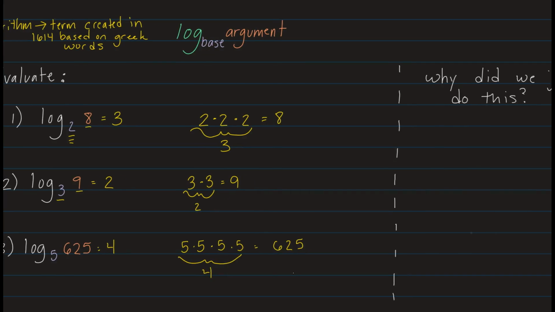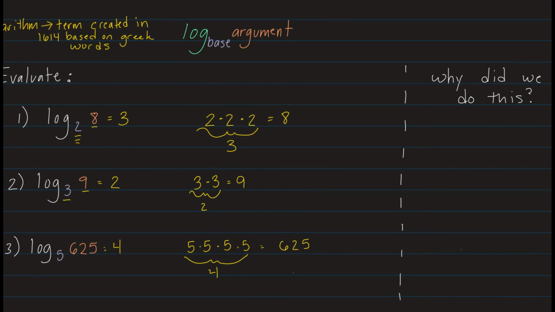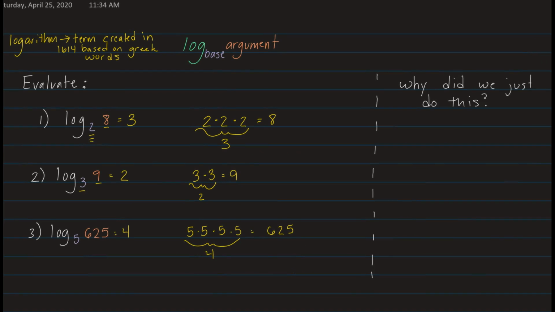Now, that's all you need to know in order to know how to evaluate a log. But you might be asking yourself, why did we do this? When do we use log? What we're asking ourselves again, if I'm looking at number 1, is how many times are you multiplying 2 times itself to give you 8?